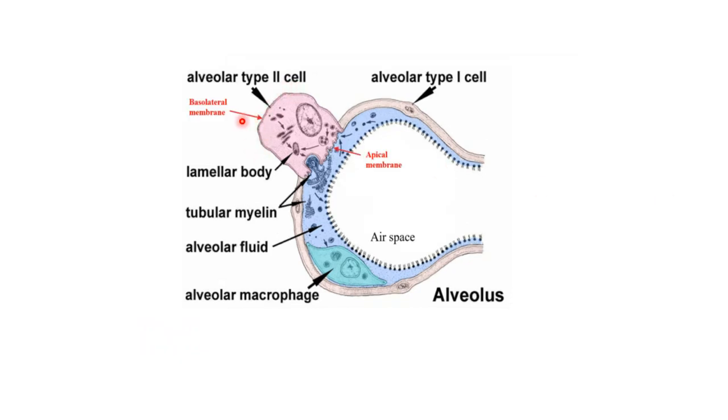So this layer is called the basolateral membrane, and this layer towards the airspace is called the apical membrane. So remember, we were talking about apical site. Here it is, the apical membrane of the class 2 pneumocyte.